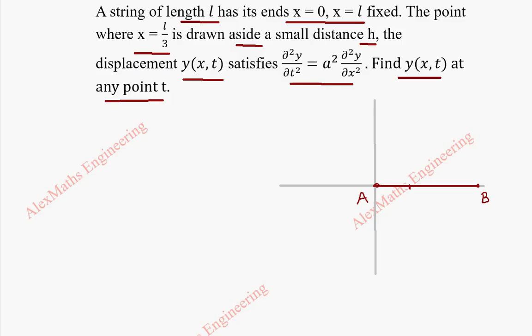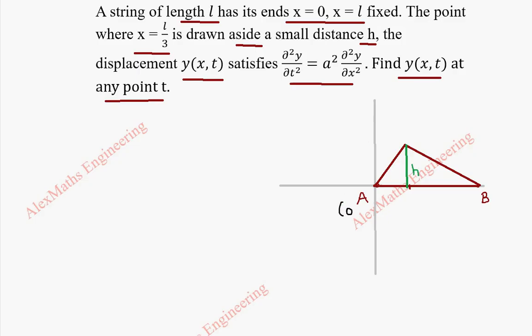So from here it is pulled to some distance here, so it will become like this, and this distance which is pulled is h.